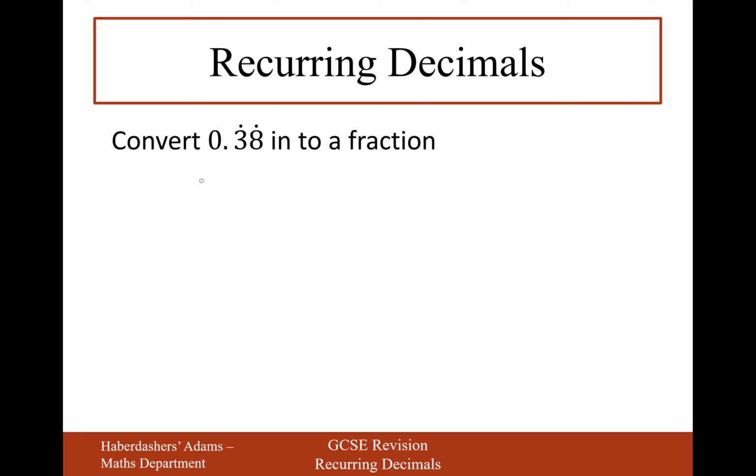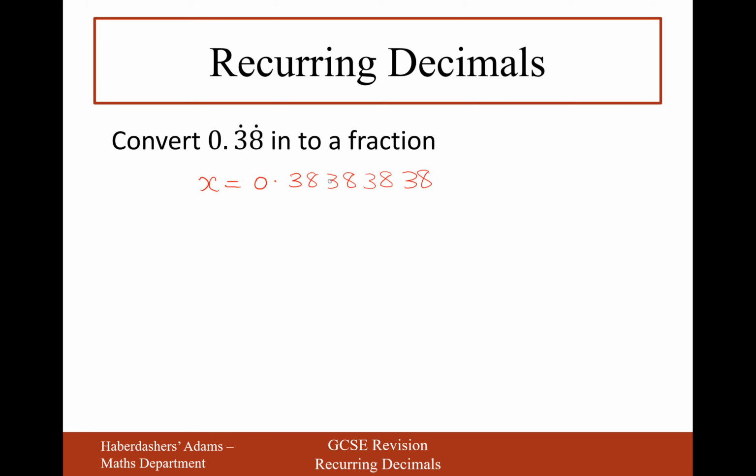Okay, so I hope you've given this a good go. So we're going to write out x equals 0.38383838. Now I don't have to always just multiply by 10. I can have a think about it. I want this 3 to move up 2 positions to cancel out with this 3.